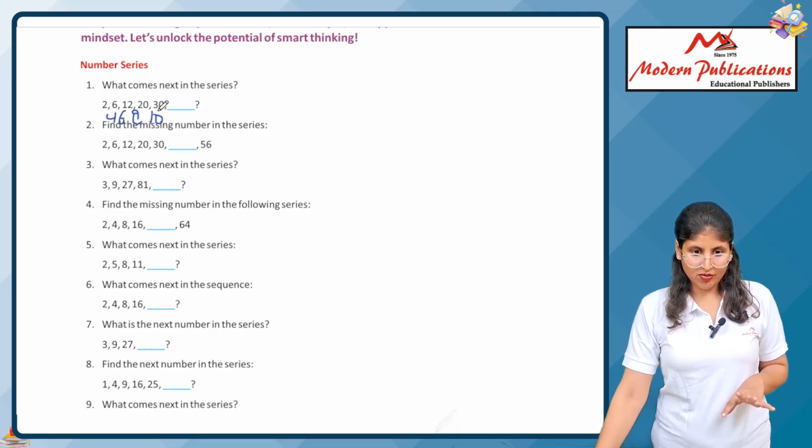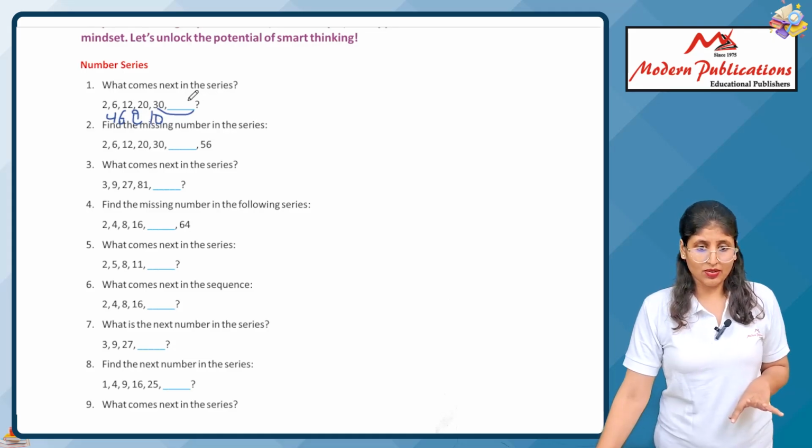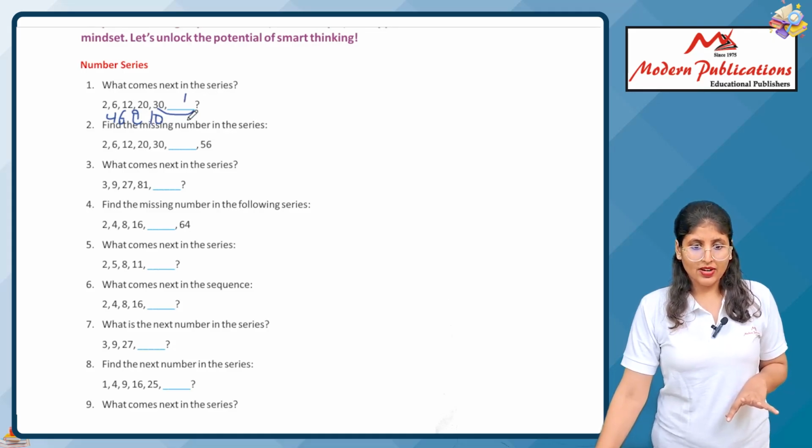Yes, that's the difference. After 10 comes 12, like the two tables. So 30 plus 12 is equal to 42. Here is the difference between these.